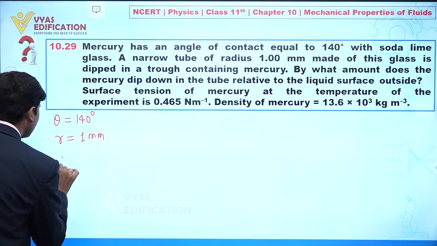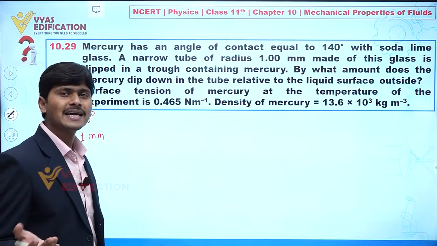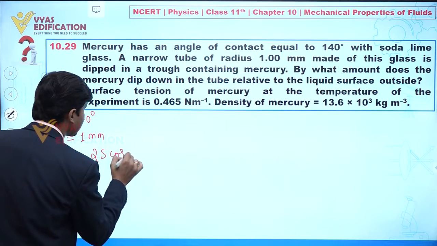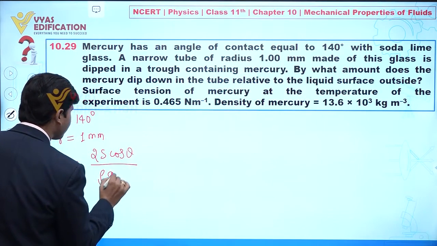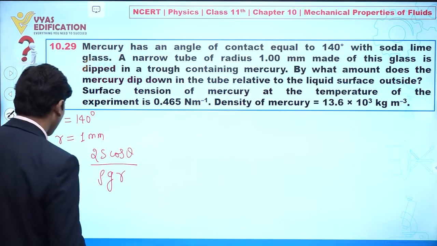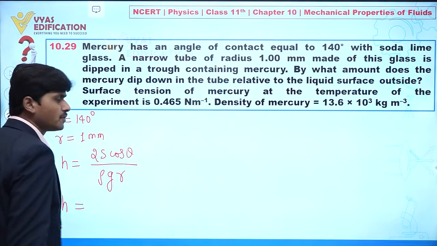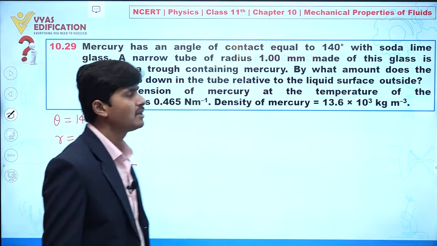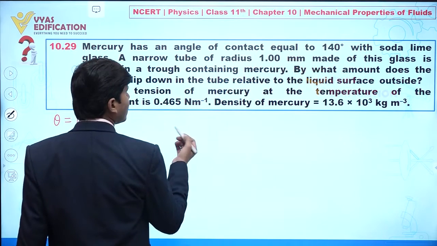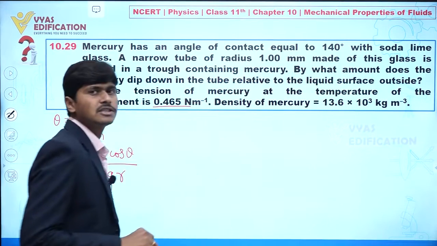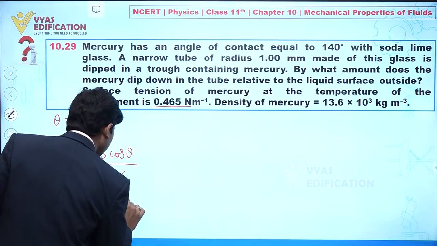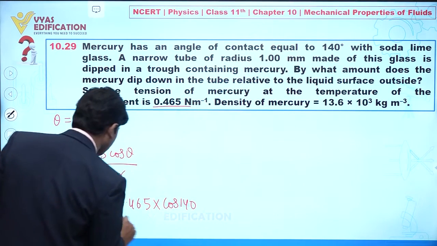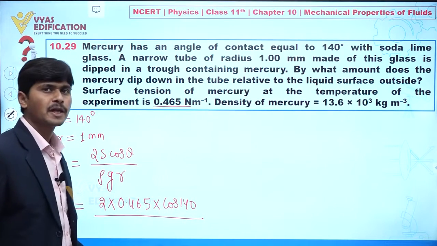So we know the capillary rise or depression formula, this is given by 2s cos theta upon rho g r. From here the value of h is given by 2 multiply s, where s means surface tension, which is given as 0.465, cos of 140 divided by rho g r.